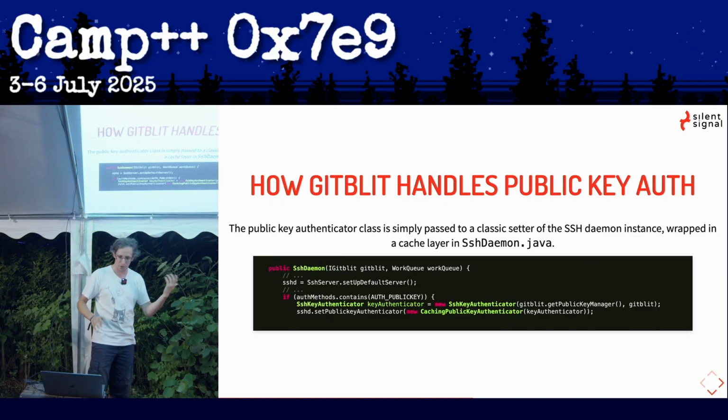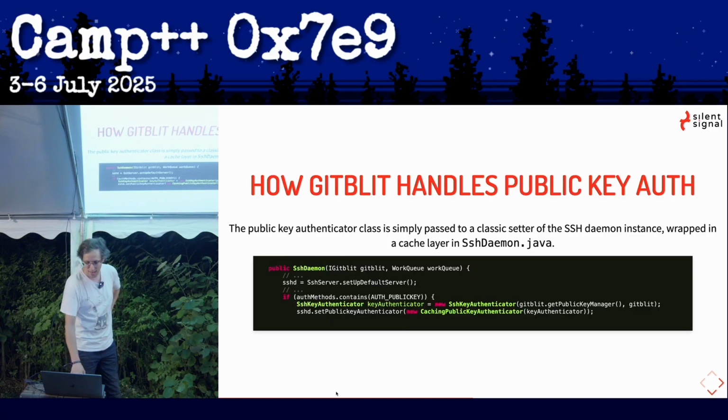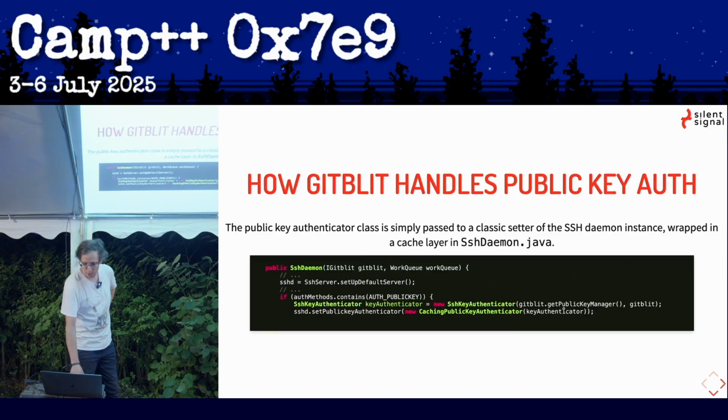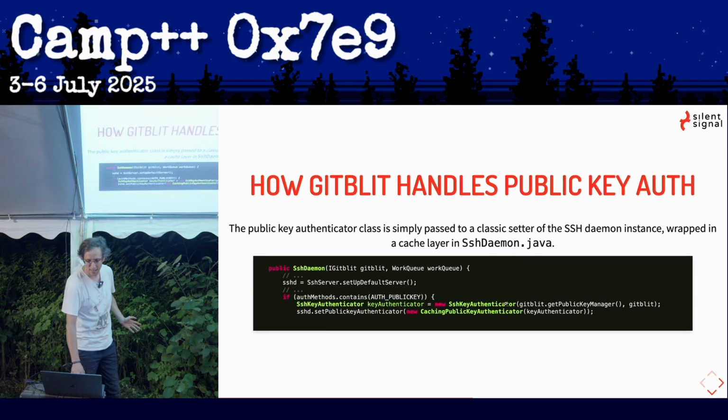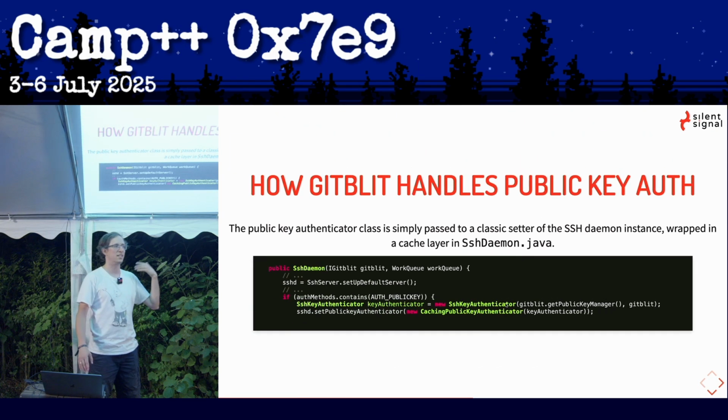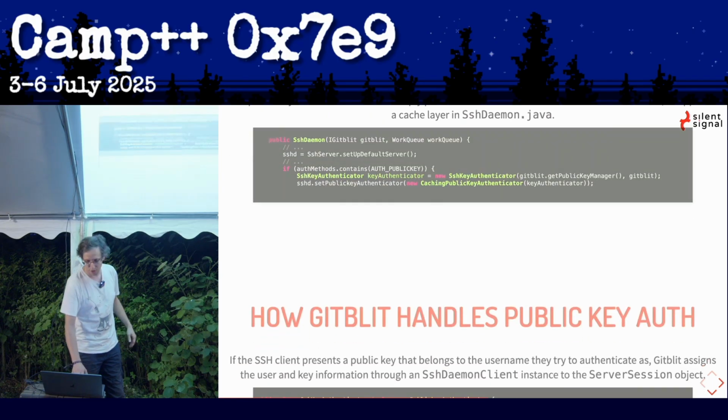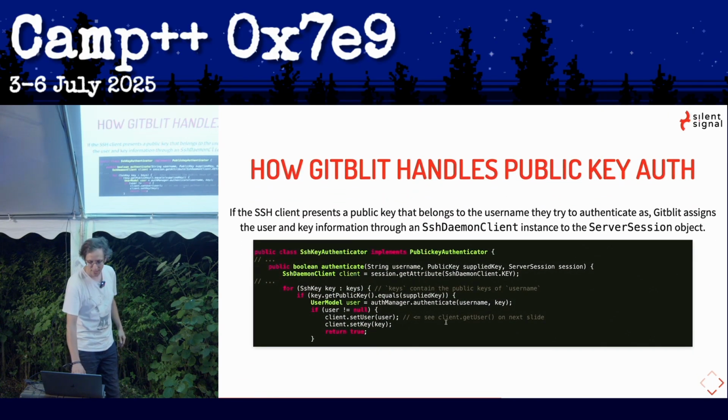So if we go into the source code, you can see that, first of all, it registers this key authenticator, which in this case is the public key manager, and puts a caching layer around it, but the important thing is that we need to trace that this will be the part that is actually involved in this authentication. And then this SSH key authenticator is quite simple.